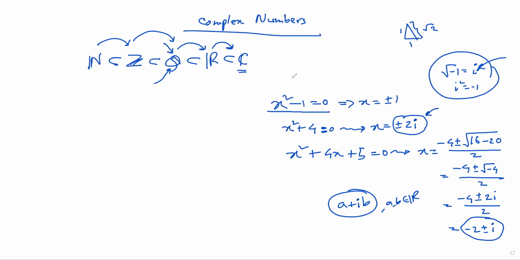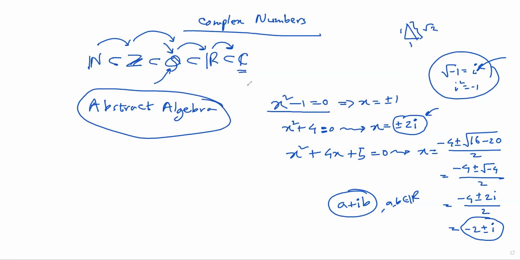Now, in mathematics, if you start taking level 3 courses, you will encounter a course named abstract algebra. In some ways, this course, along with linear algebra, is basically a foundation to study abstract algebra in some ways.